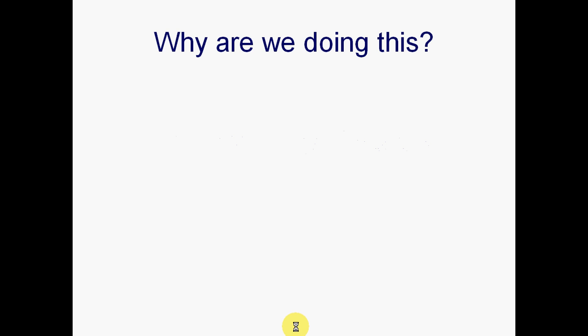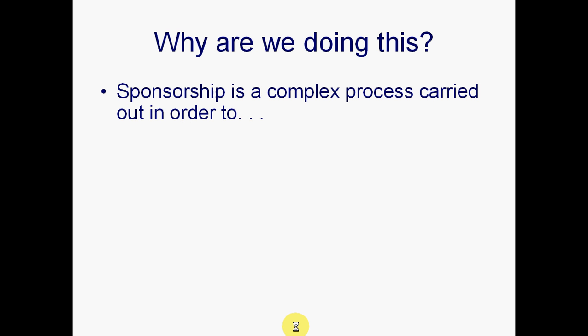Okay, so just to answer some basic questions about the inventory. First up is, why are we putting you through all this? Why do we make you do it? Okay, so to answer this, we'll go back to some fundamentals about sponsorship. We know, or at least we're fast learning, that sponsorship is a complex process.